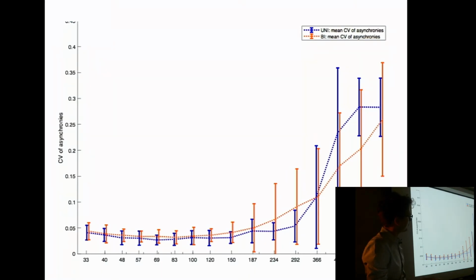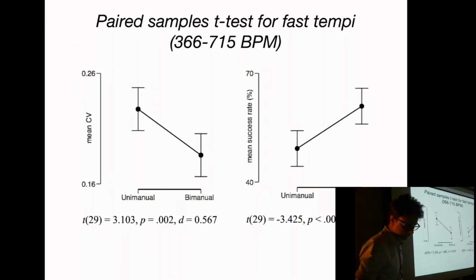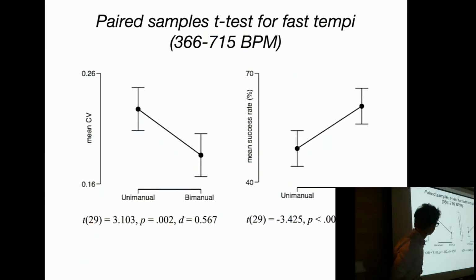And at the 4 fastest tempi, there are also big error bars, so lots of variability in performance. So we carried out a paired-sample t-test for the 4 fastest tempi to see if there are significant differences in performance in the 2 tapping modes.